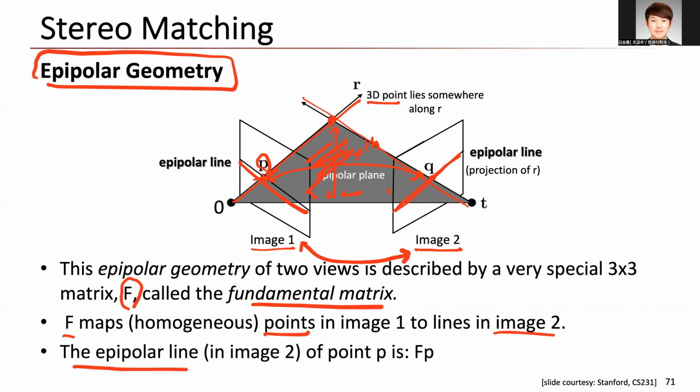This epipolar line in image 2 of point P is F of P. This is very difficult, but please just remember: if we can find the correspondence between pixel P and the matching pixel along this epipolar line, then we can recover the 3D information. This is the main strategy of stereo matching.